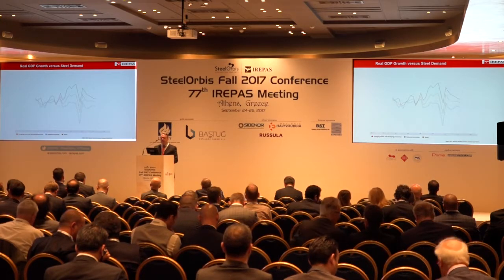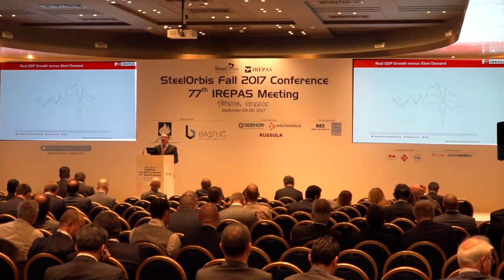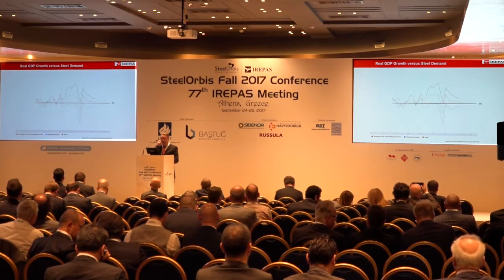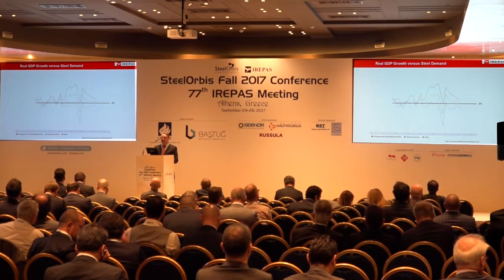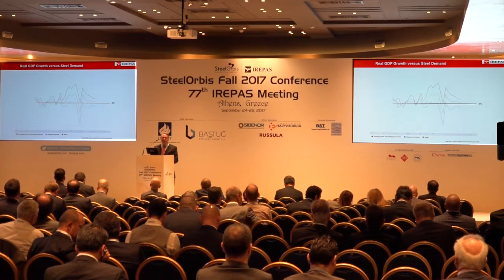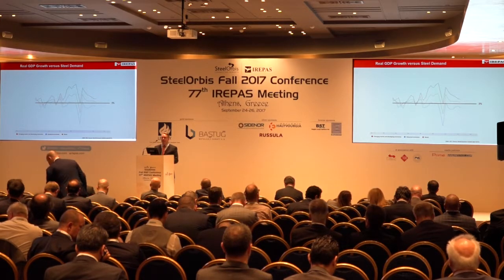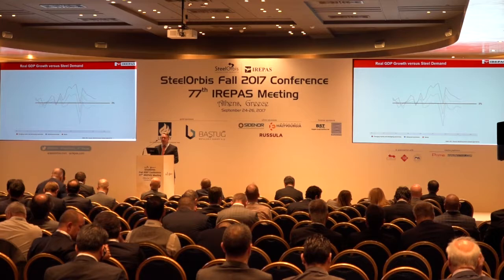with some information on the GDP of the world during the last 30 years. This information has been supplied by the International Monetary Fund, and you can see three lines on the screen. The blue line represents the GDP growth of the advanced economies during last years.